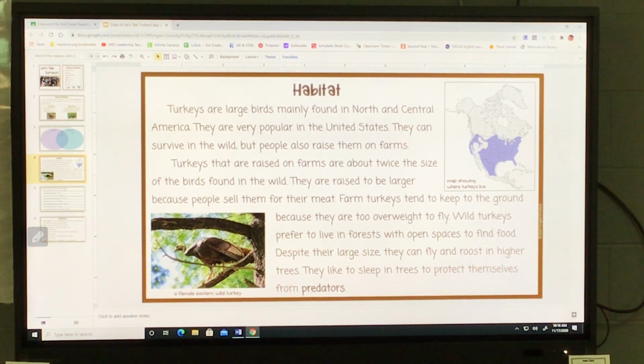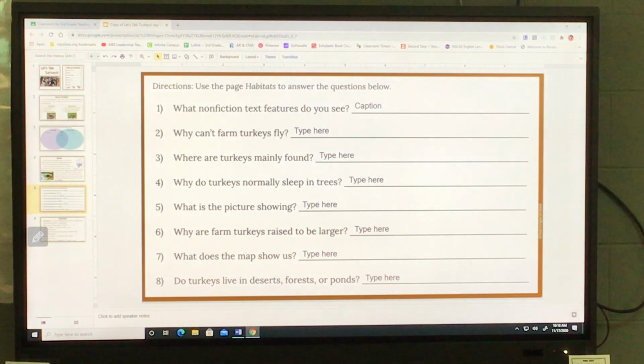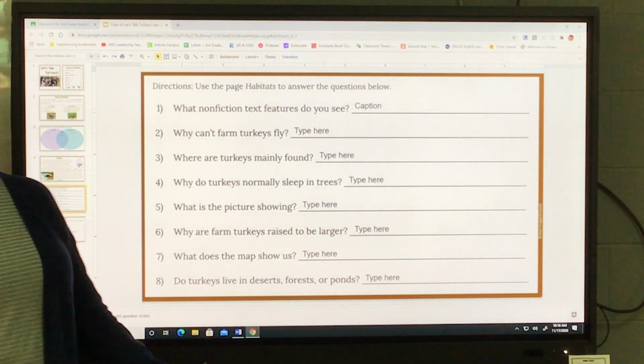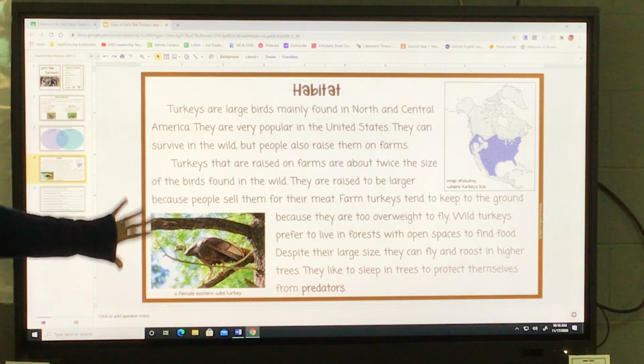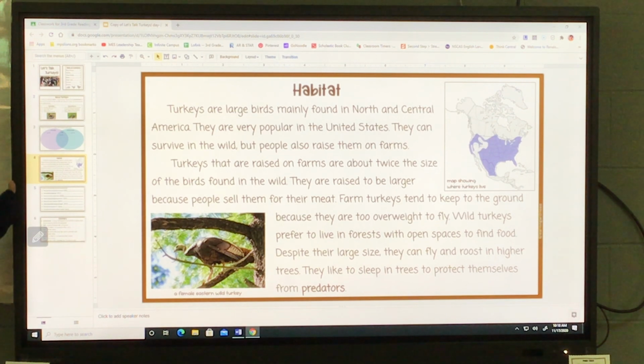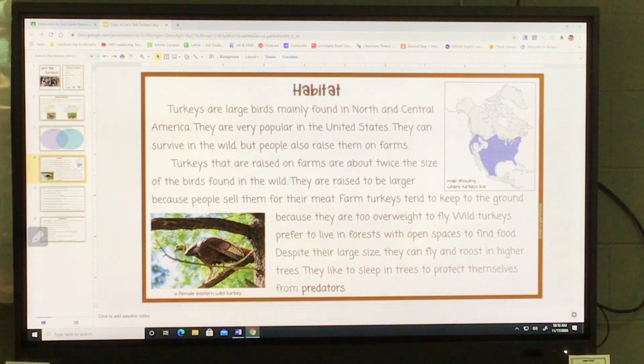All right, we're going to go on to the next question. I think most everybody's close to being finished with that. Question 6. Why are farm turkeys raised to be larger? Find in this informational slide where it talks about why they are raised to be larger.